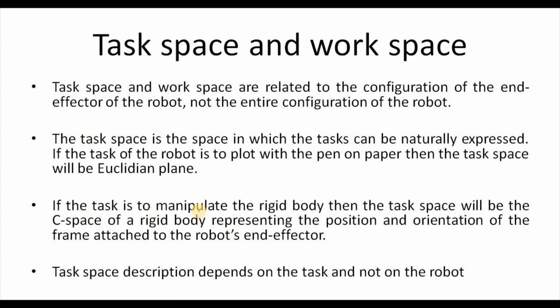If the task is to manipulate a rigid body, then the task space will be the configuration space of the rigid body, representing the position and orientation of the frame attached to the robot's end effector.